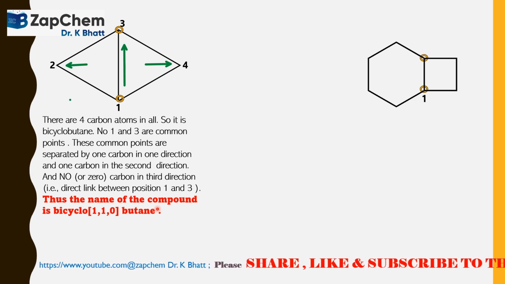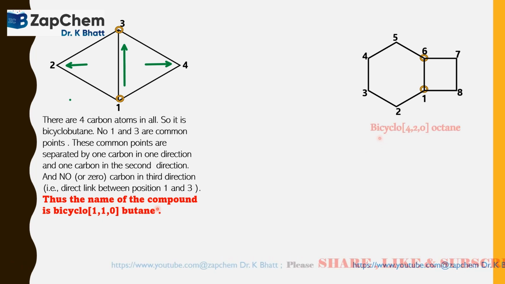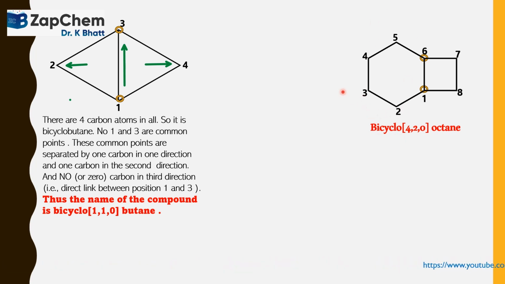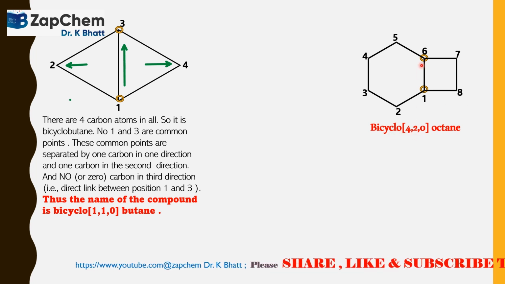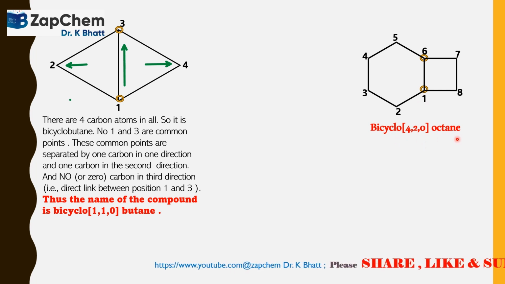These are the common points, and this is how we number. And therefore we call it bicyclo 4 over here, 4 carbons on the left hand side and 2 carbons on the right hand side. Therefore bicyclo 4, 2 and nil carbon, that is 0 carbon in the bridge. Therefore it is bicyclo 4,2,0 octane.